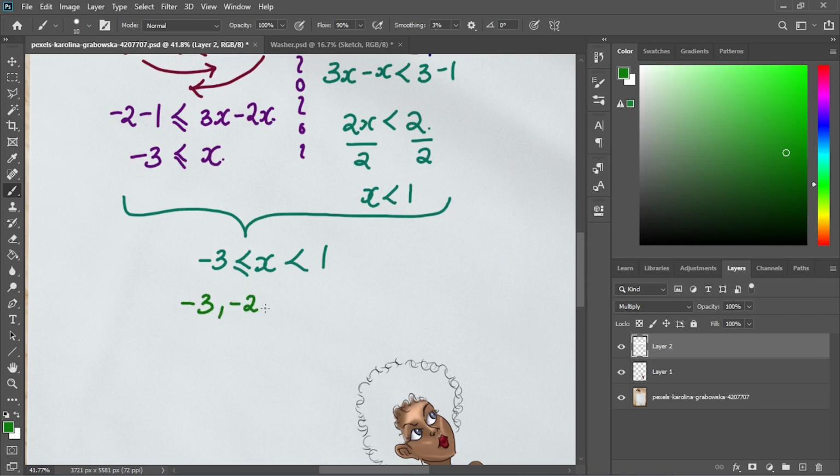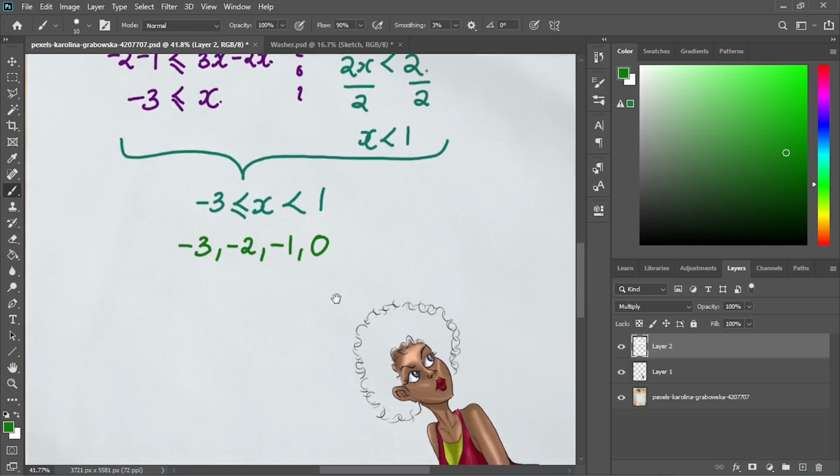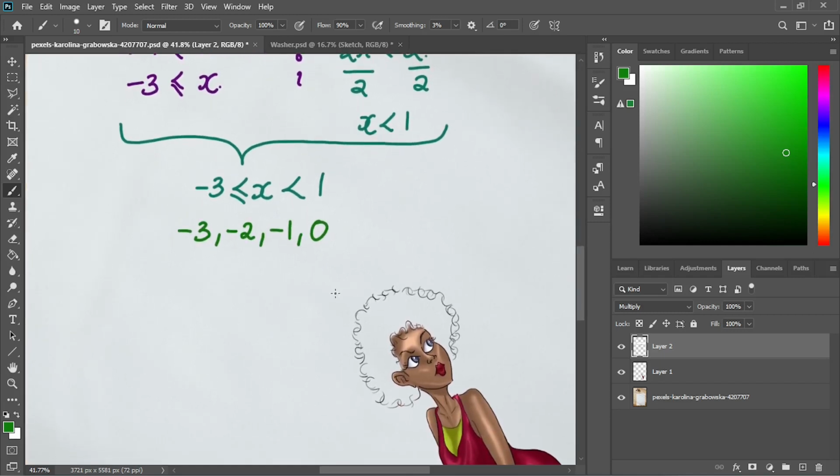Then we have negative 2 and then negative 1 and then 0. Now 1 won't be included, simply because 1 is not part of that particular range because it doesn't have the equal sign. So this is going to be our answer.